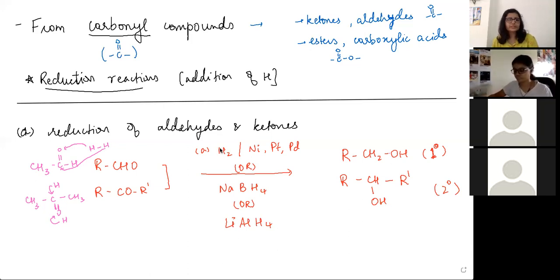Either you can use direct hydrogenation using nickel, platinum or palladium catalyst, or you can use sodium borohydride, NaBH4, or lithium aluminium hydride. So three sources of hydrogen. Important part is if you take an aldehyde, you get primary alcohols. If you take ketones, you get secondary alcohol. Fun fact, when you use lithium aluminium hydride, it is a nucleophilic addition.